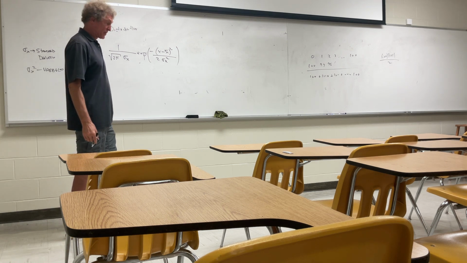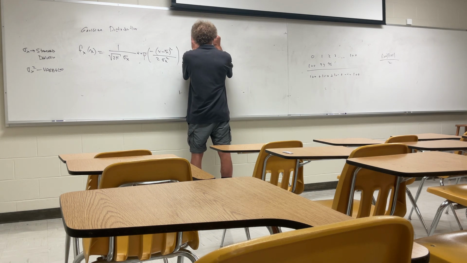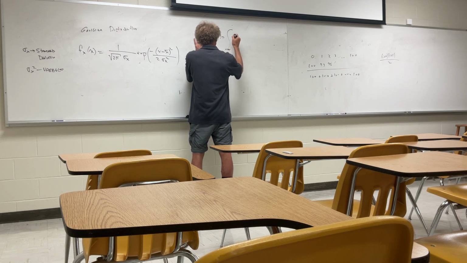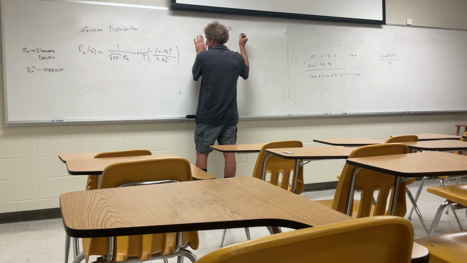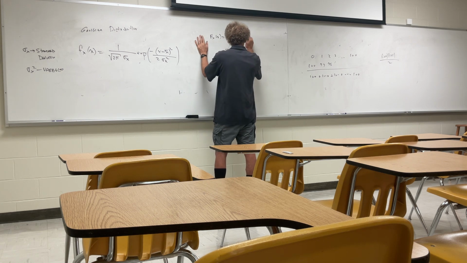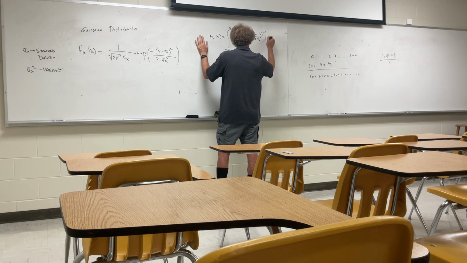Now, if you wanted the cumulative distribution function related to that, it would be the integral from minus infinity to x of 1 over the square root of 2 pi sigma x times exp to the minus quantity x minus x bar squared over 2 sigma x squared dx.